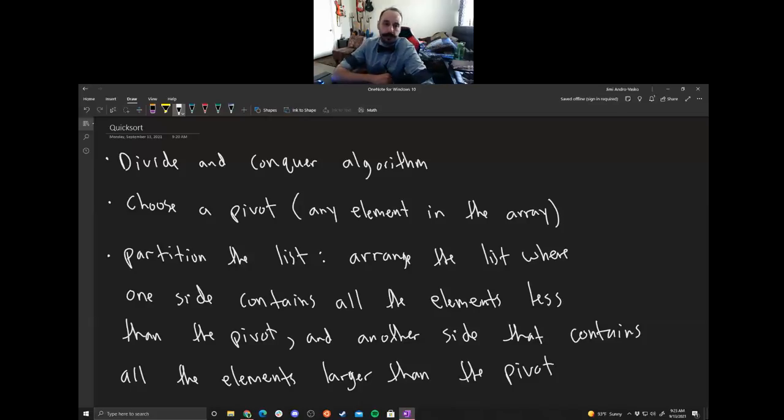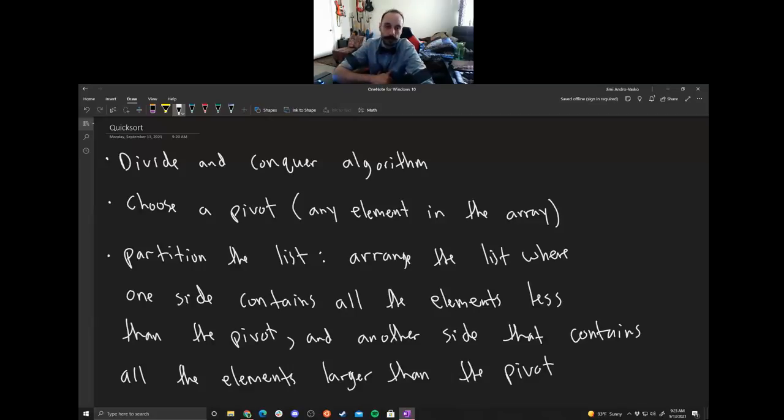Now, once again, you could say one side could contain elements less than or equal to the pivot, and the other side is strictly larger, or you can have it where one side contains less than the pivot, and the other side contains greater than or equal to the pivot. It's arbitrary, but we'll assume for now we won't have duplicates in our list, so we can make this claim.